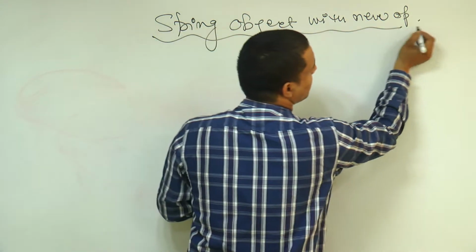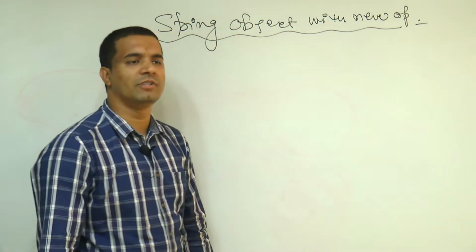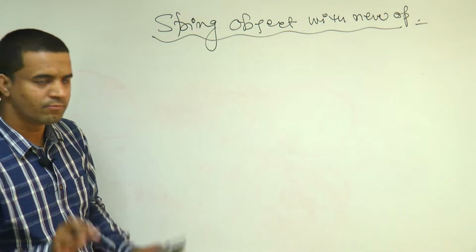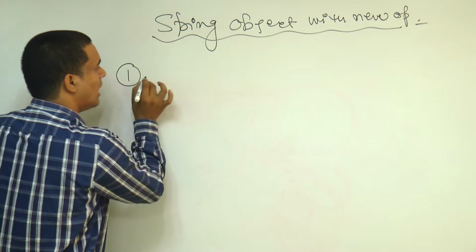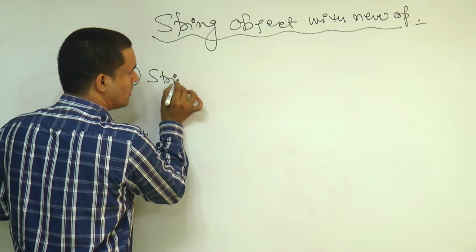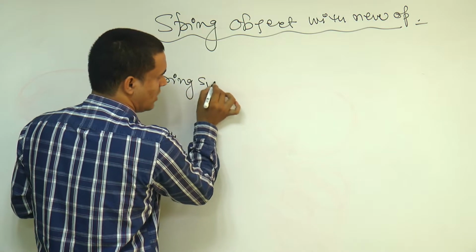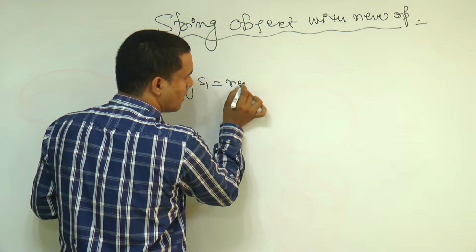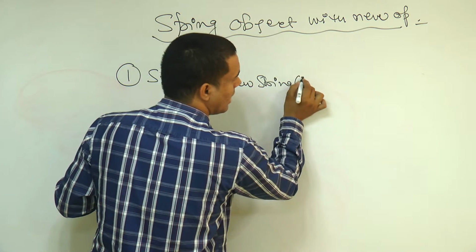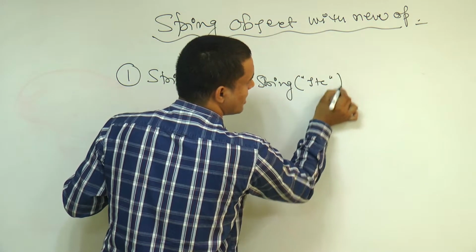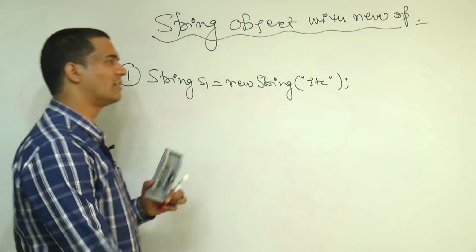What all things are done when creating the string object with the new operator? Fine. Let's say for point number one I am writing here: String s1 = new String("JTC"), that is Java Training Center.